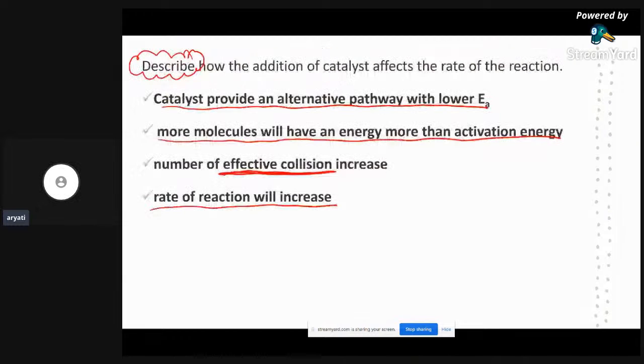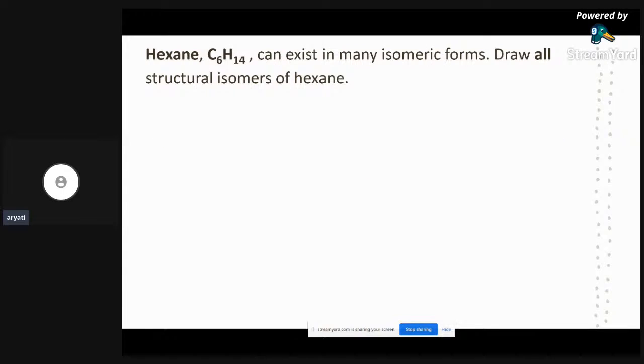Okay, so that's all how to solve ataupun the alternative answer for question number 5 for year 2017-2018. Now I will proceed to question number 6.